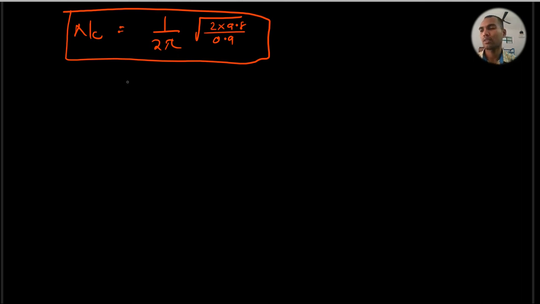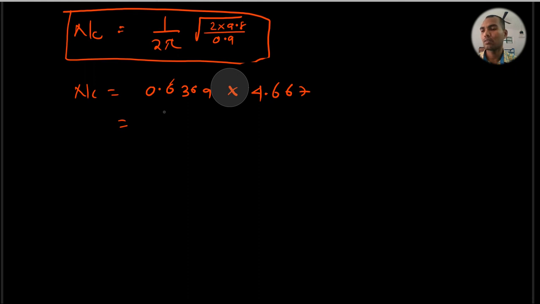Now I am calculating using a calculator. 1 by 2 pi is 0.1592 into under root of 2 multiplied by 9.8 by 0.9, this value comes to be 4.667.